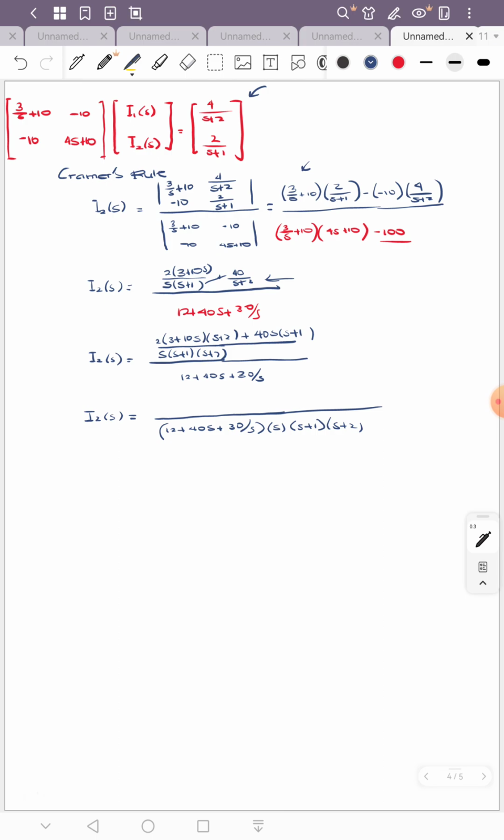Okay, now let us simplify the numerator. So this one will be 3 plus 10S times S plus 2, 3S plus 10S2 plus 6 plus 20S. So we have 23S plus 10S2 plus 6.